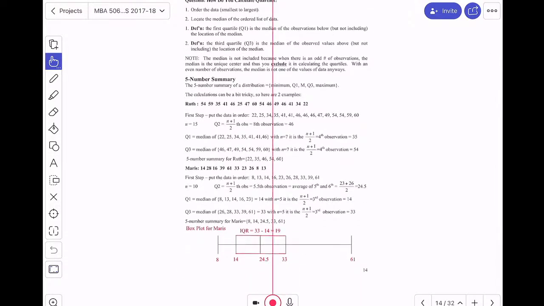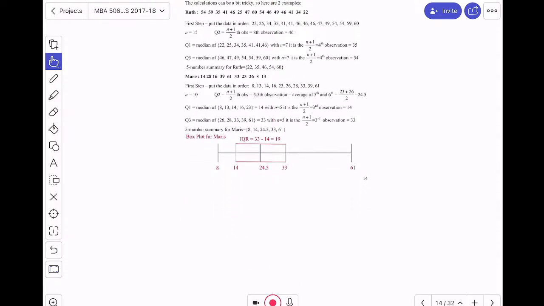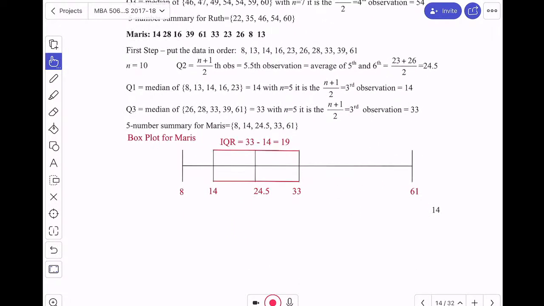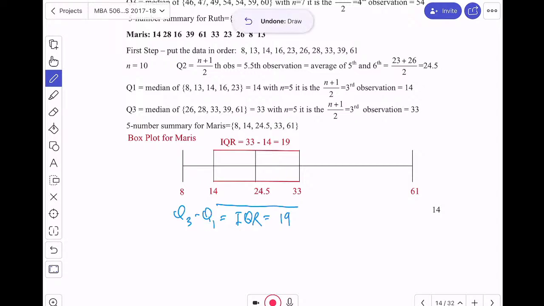Okay, so here I have a nice drawing. So here I've presented the 5-number summary, and essentially what we want to do is take this distance here, which is 19, which is the calculated range between the 3rd and the 1st quartile.